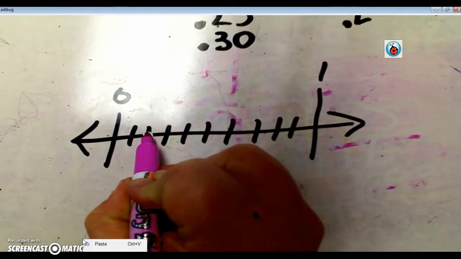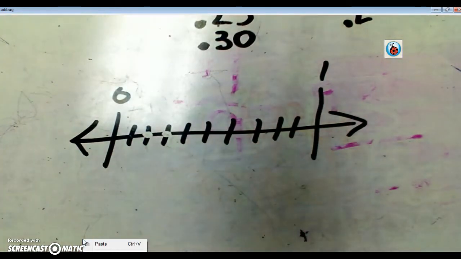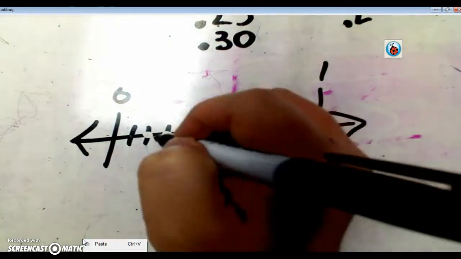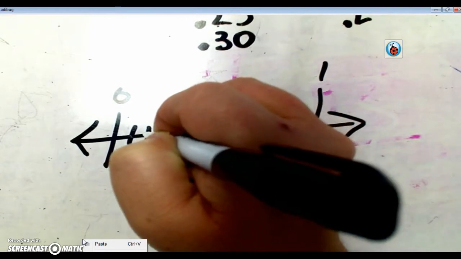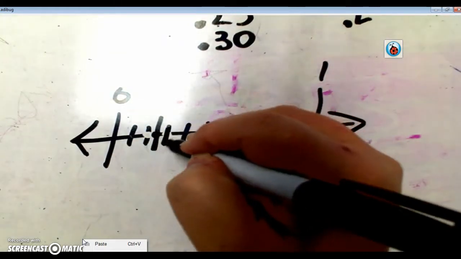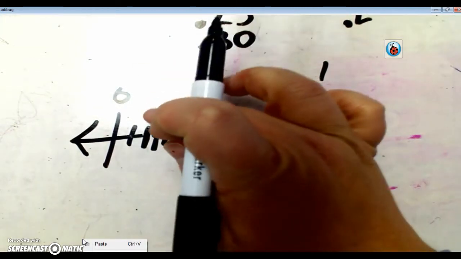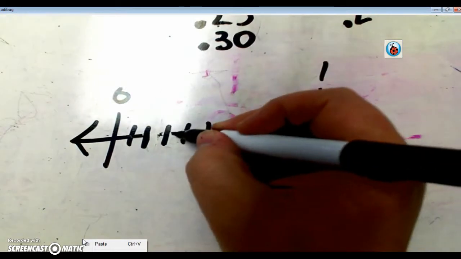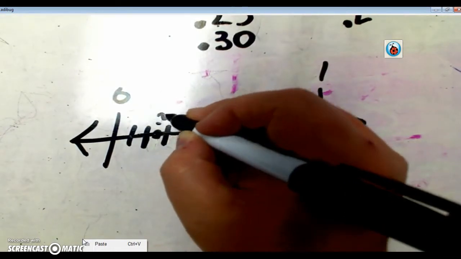Okay, here's my 2/10. Here's my 3/10. If I was going to plot 0.25, it would be about halfway in between those. So about right here is where I would plot 0.25. And typically I would just put a little dot there and label it 0.25.